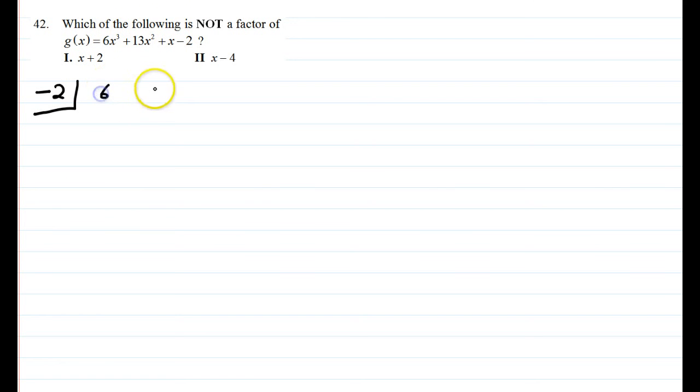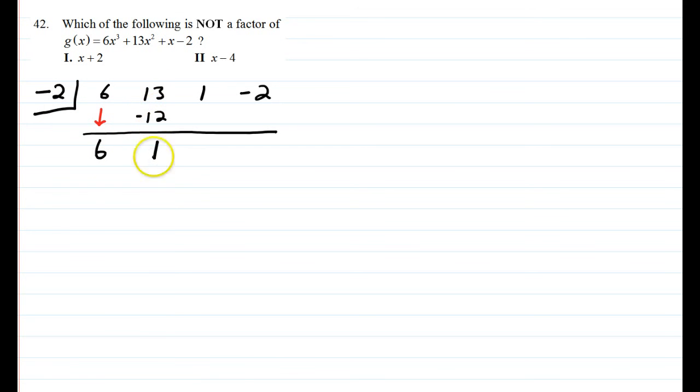So now just write the coefficients. And so if it's a factor, our remainder here is going to be 0. If it's not a factor, then we'll actually have some number here. All right, so bring the 6 down. 6 times negative 2 gives us negative 12.